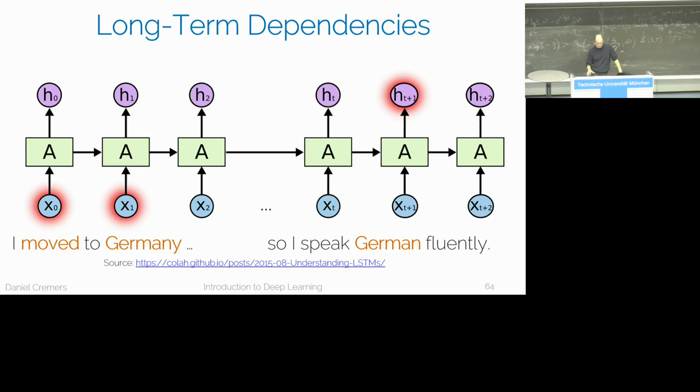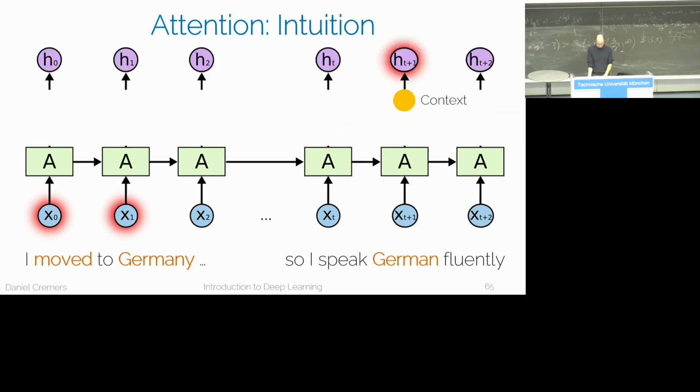And as we discussed, RNNs have this issue that you have the vanishing gradient. You can capture that to some extent with this long short-term memory, but only for a certain limited time window. And the question is, how can I encode long-term dependency? And this is where this attention comes into play.